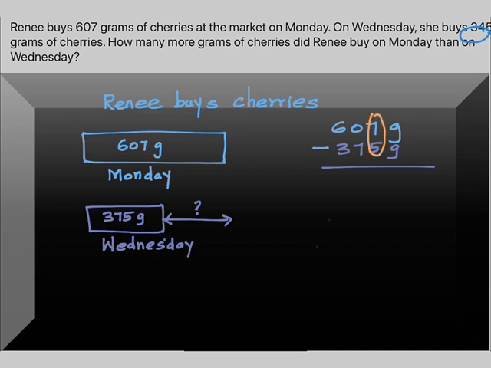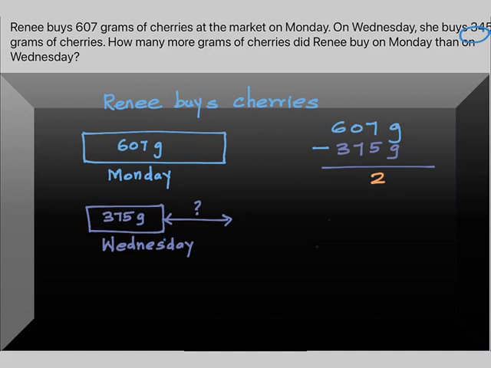So let me subtract. 7 minus 5 is 2. I have enough ones on the top, so 7 is a bigger number, so I don't have to worry about unbundling. So 7 minus 5 is 2. 0 minus 7, 0 is a smaller number.